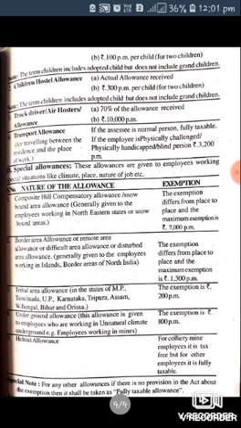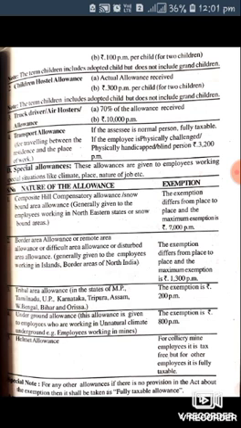Next, special allowances. These allowances are given to employees working in special situations like climate, place, nature of job, etc. Composite hill compensatory allowance and snowbound area allowance are generally given to employees working in the northeastern states or snowbound areas.